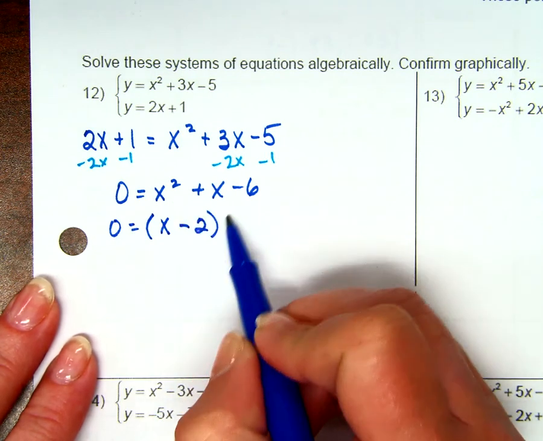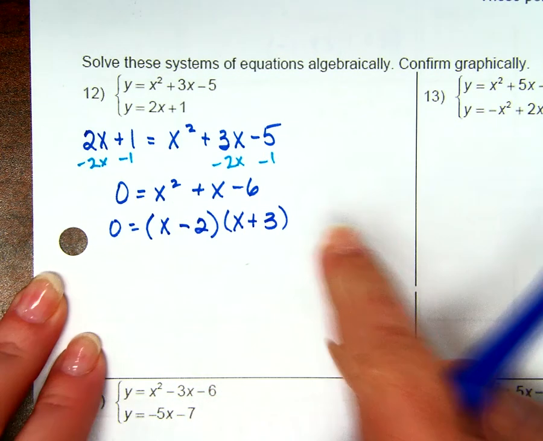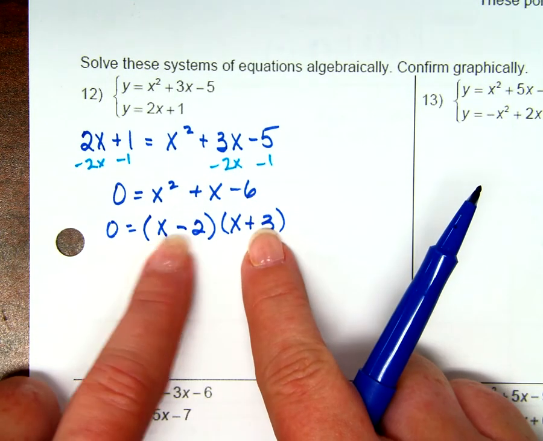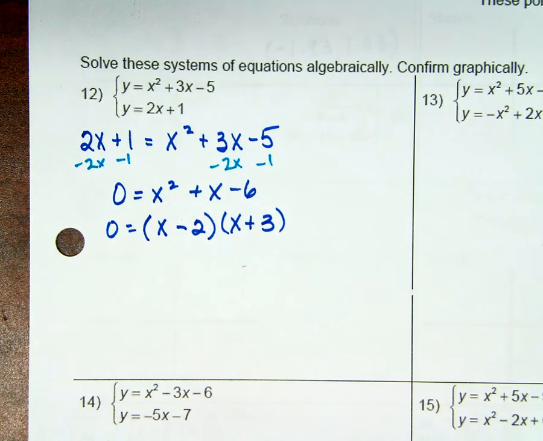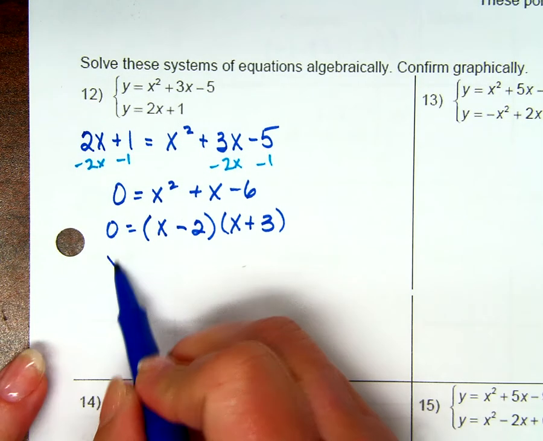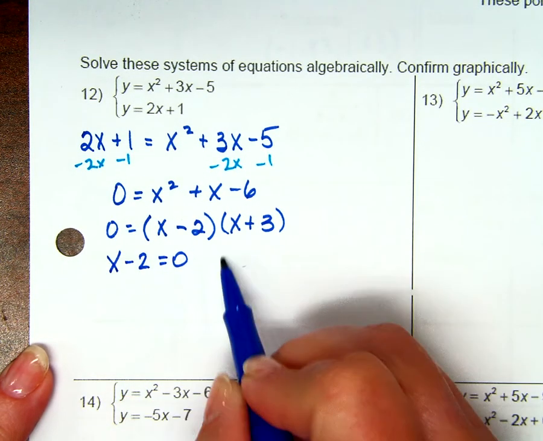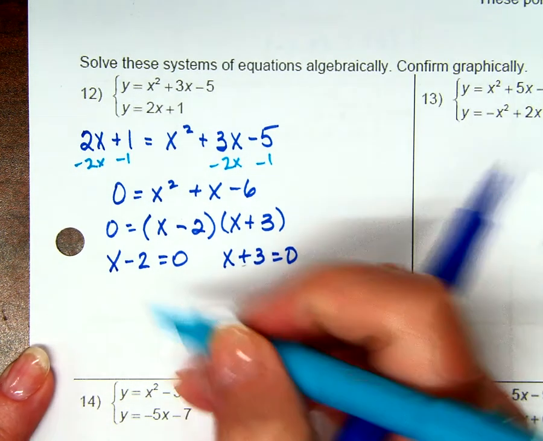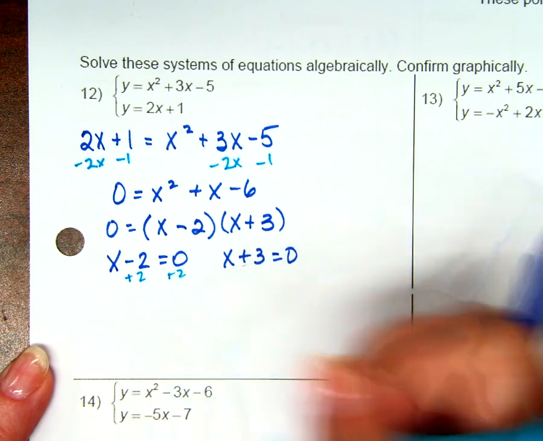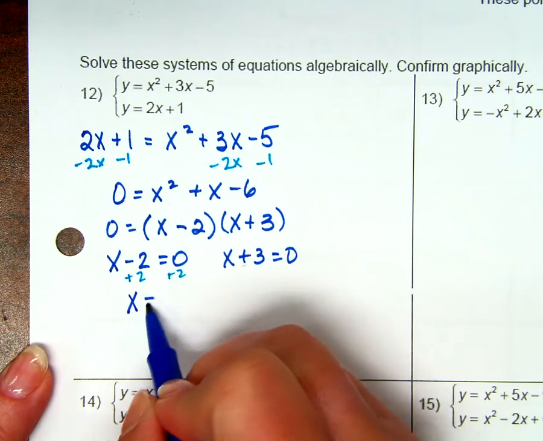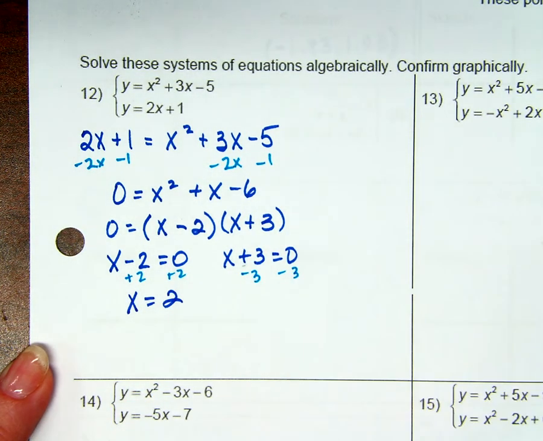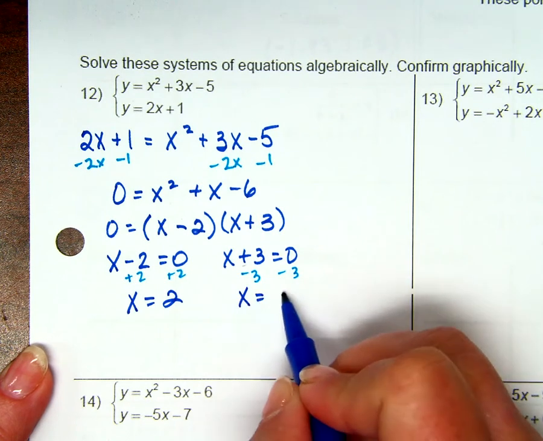Negative 2 and positive 3, because they multiply to negative 6, but when we add them, we need positive 1, so I need 3 to be the positive value. So when I solve this, I have x minus 2 equals 0 and x plus 3 equals 0. Add 2, x equals 2. Subtract 3, x equals negative 3.